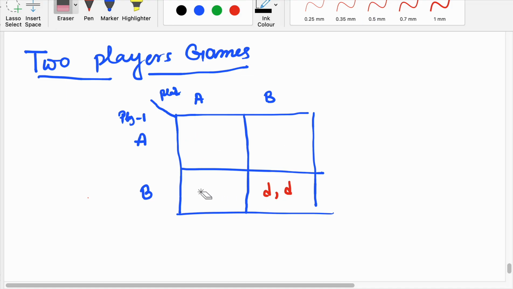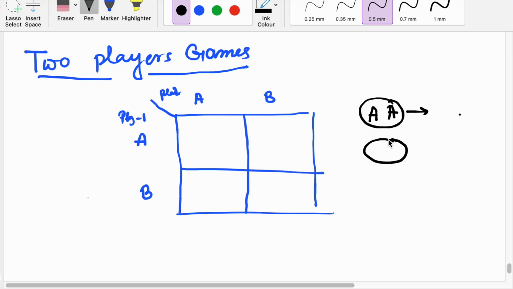So let me take a little bit of time now. In principle, this situation could happen. There are two players, so four possibilities happen. Player 1 takes A, player 2 takes B, and for that they both will get something.